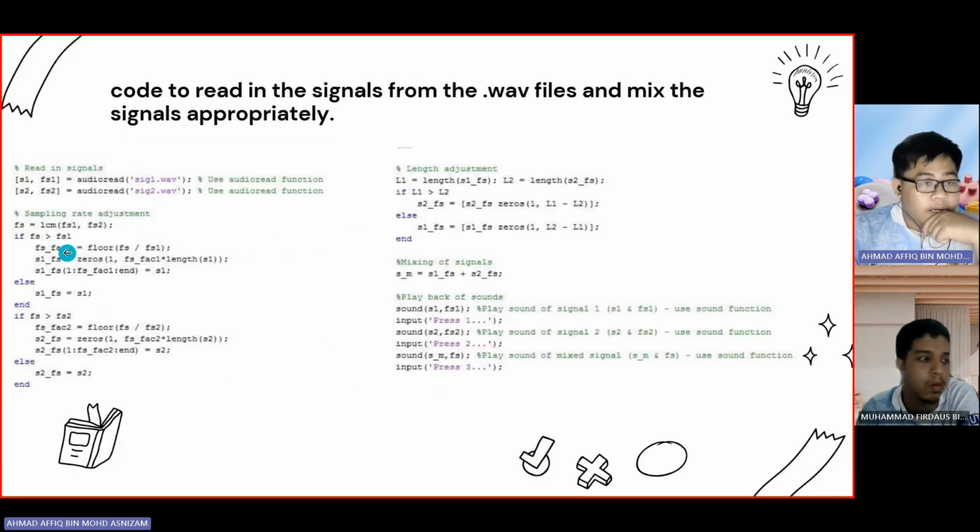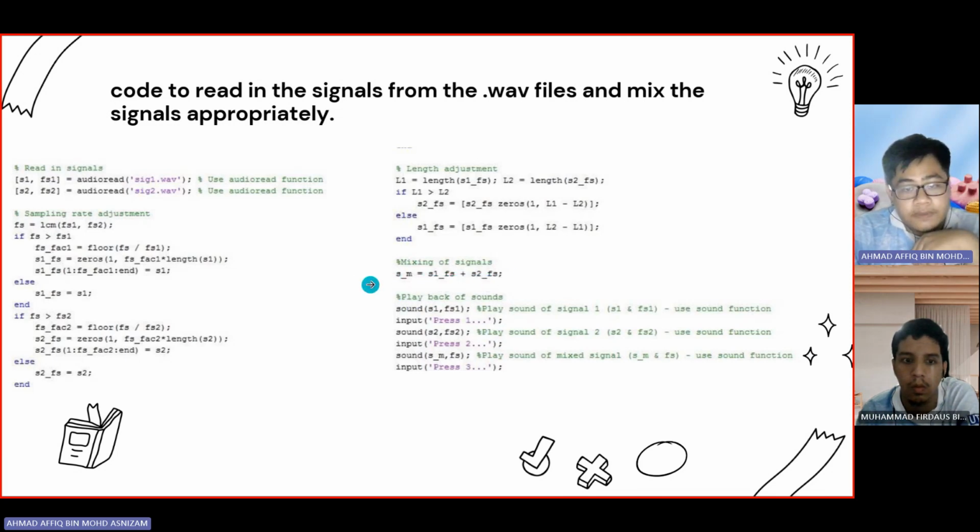So, with sampling rate adjustment, then for mixing the signal, SM, the sound mixing, equals S1 FS plus S2 FS.